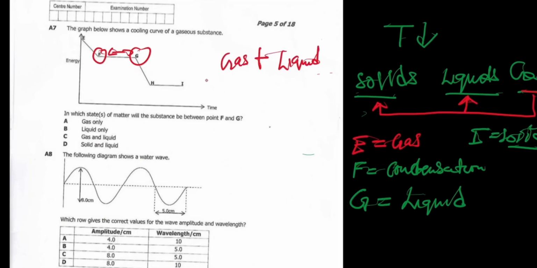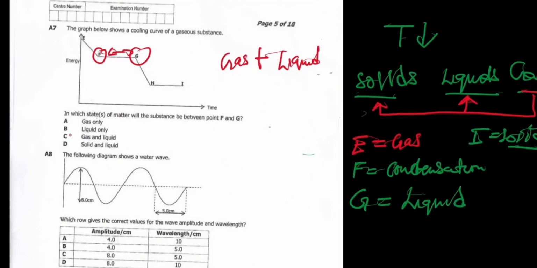Why? Because at F, you have the condensation process which begins to take place. In other words, you're trying to convert gas to liquid. So in between, you have more gaseous molecules that are being converted into liquid molecules. That's why both gas and liquid coexist during this particular phase.